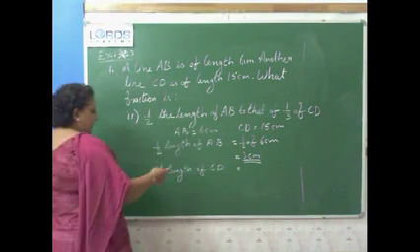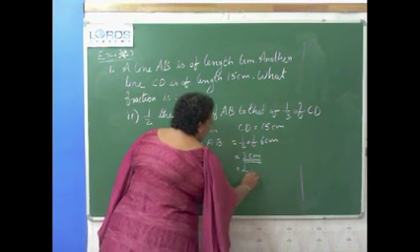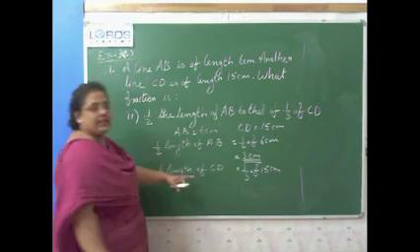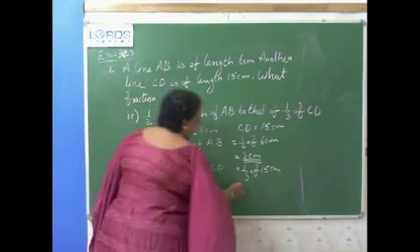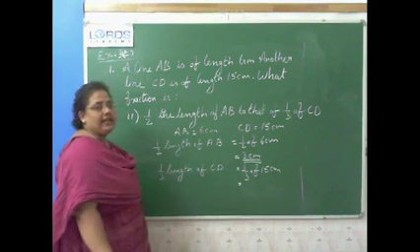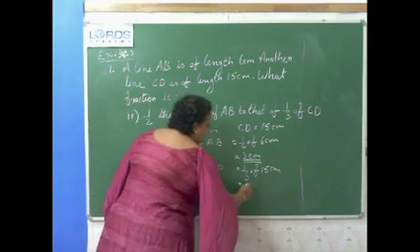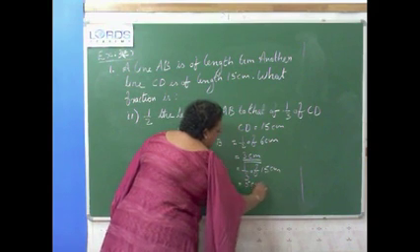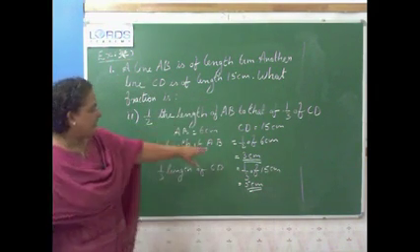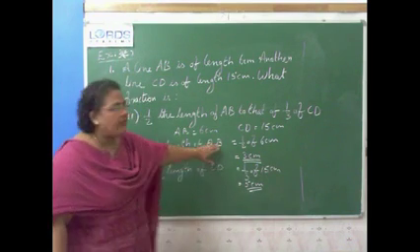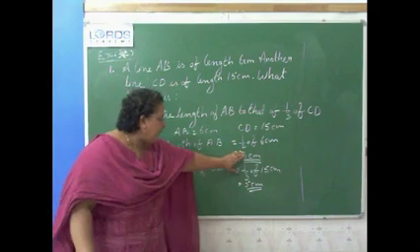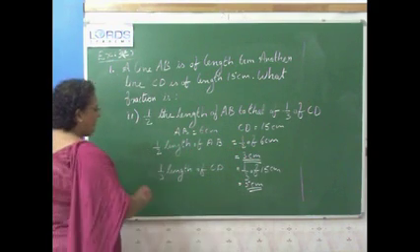That is 1 by 3 of 15 centimeters. Here also multiplication is coming, and after doing it you will get 5 centimeters. Now, you have to compare these two, half the length of AB to 1 by 3 of the length of CD. So, we are comparing 3 and 5. So, required fraction.